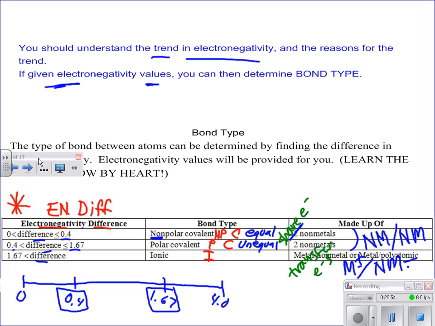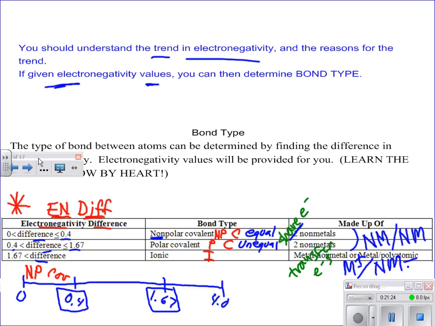So if you're trying to determine electronegativity differences, and the differences are so small, between 0 and 0.4, they're sharing them very, very equally. There's not much of a difference. So if it's a small difference in electronegativity values, that means it's nonpolar covalent. Equal sharing, they're almost the same.